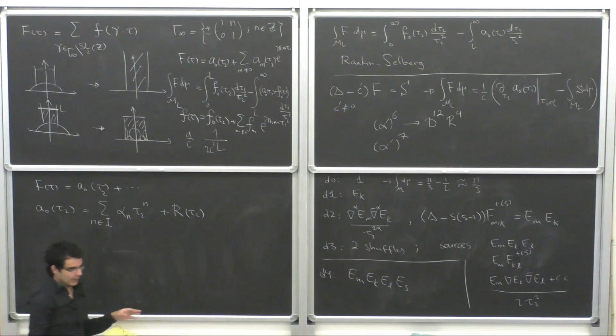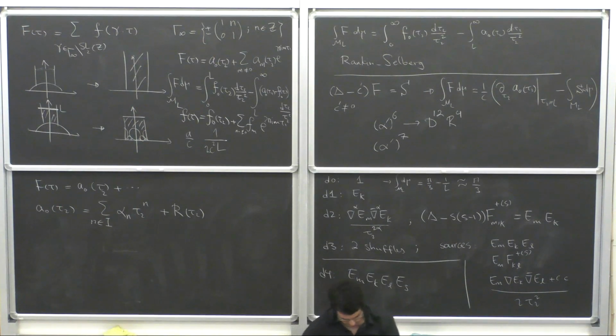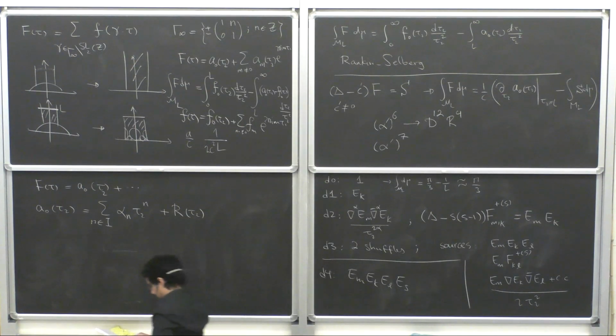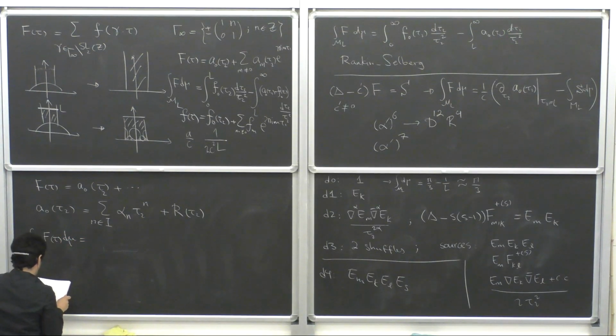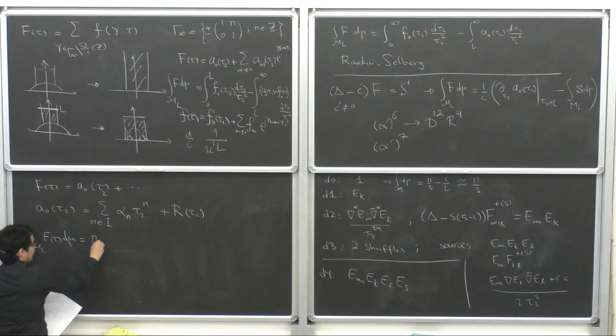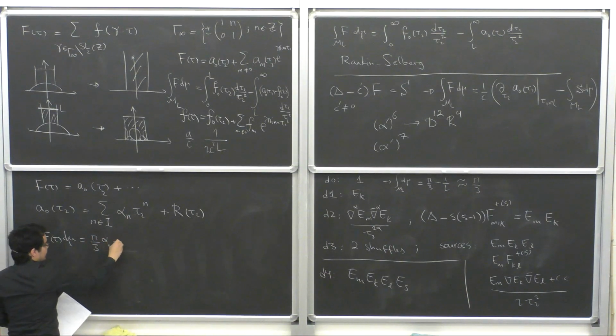So now I can actually write the integral of this over the moduli space. This is pi over 3 alpha 0 plus alpha 1.